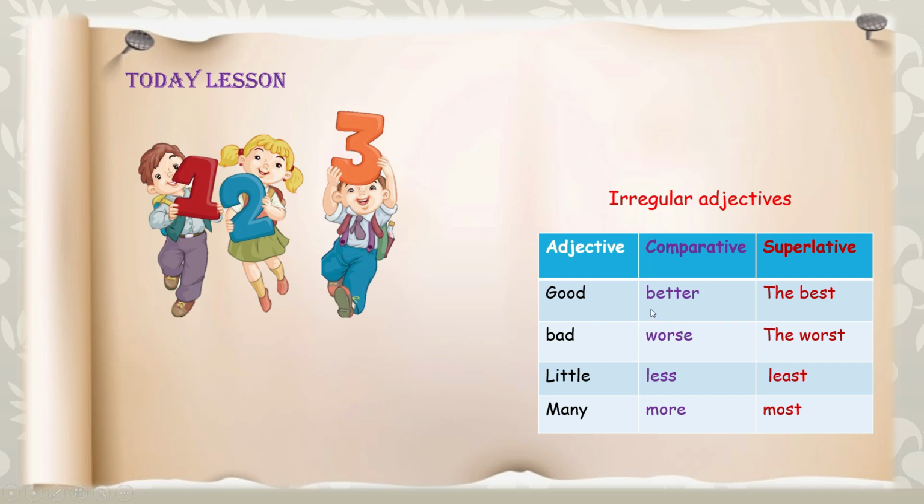Okay, good, better, the best. The word bad in comparative is "worse," superlative "the worst." Little: comparative "less" and superlative "least." Many: comparative "more," and in superlative it becomes "most."